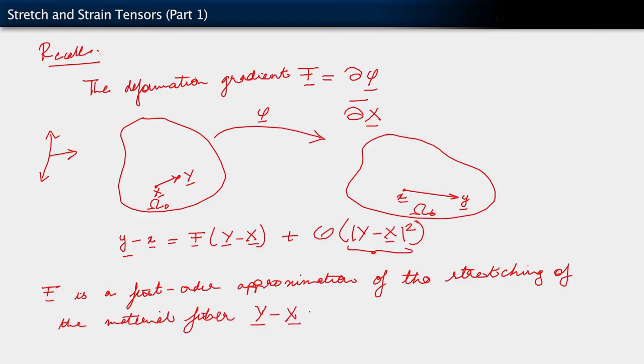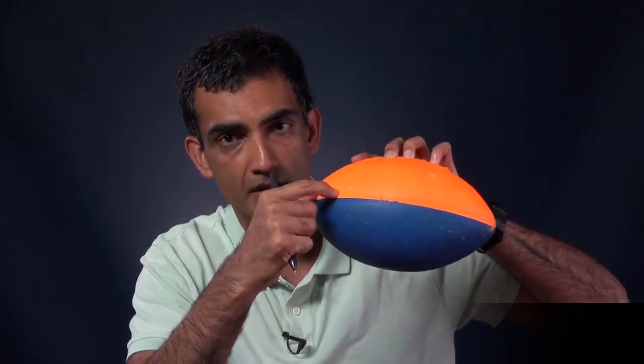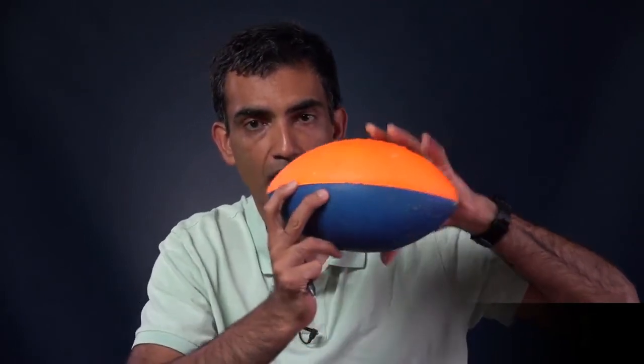The idea of the material fiber is simply that we could think of scribing a little vector capital Y minus capital X on this reference configuration and look at how that material fiber is stretched by F.